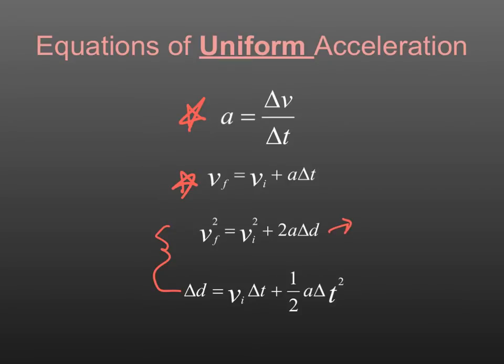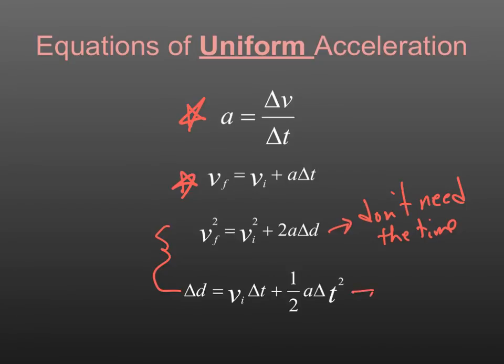This one, this number 3, notice we don't need the time, so we can determine final velocity or acceleration just based on the initial velocity and the distance over which the acceleration occurs.